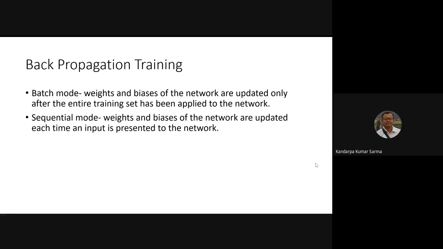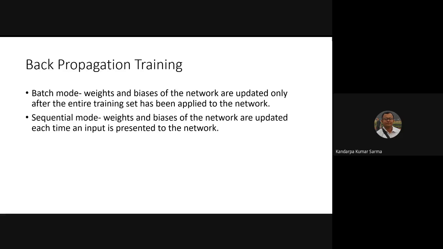So once you give the complete set of patterns and targets to the network, you will change the weights and the biases. In one cycle, when you complete one recursion, you give the complete set to the network, and then you make variation to the weights of the network. That is the batch mode of training.